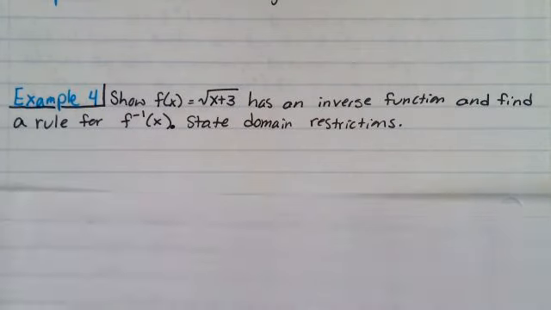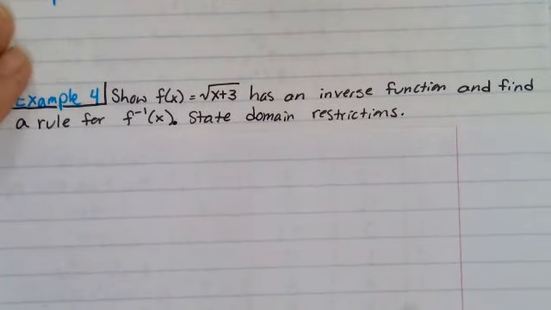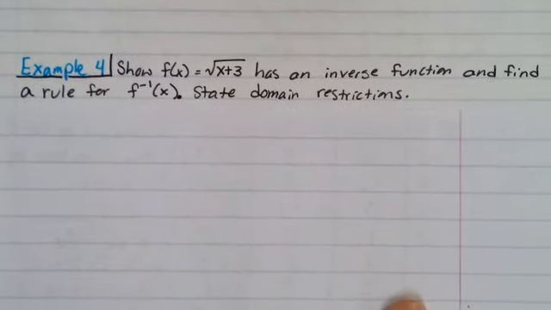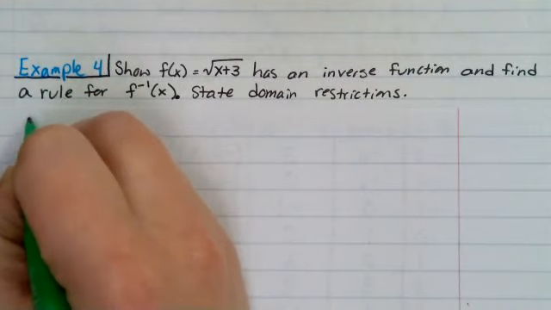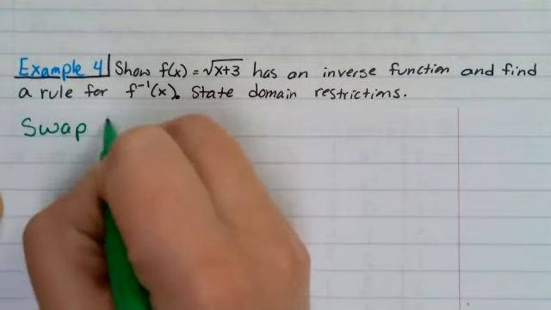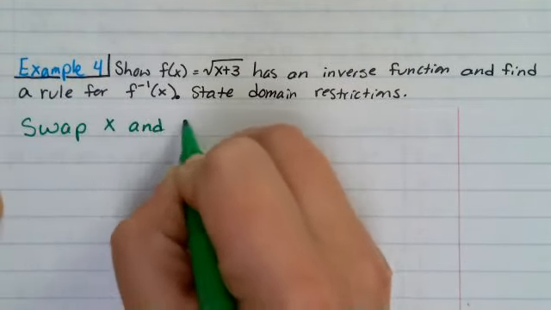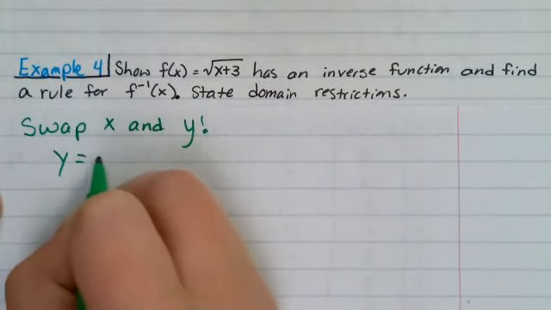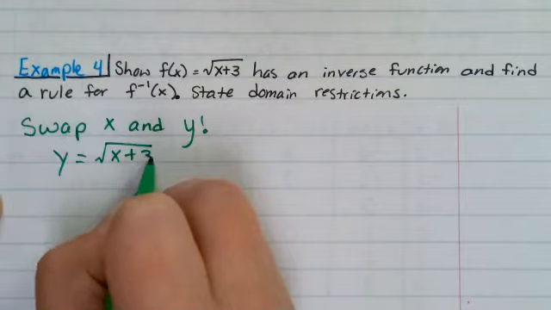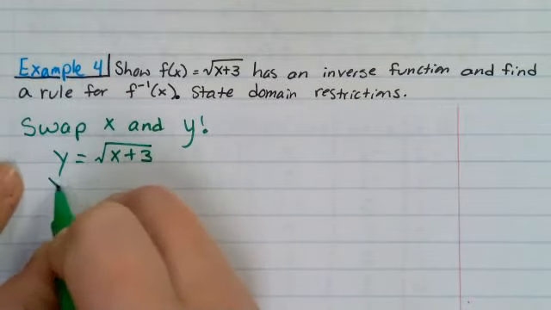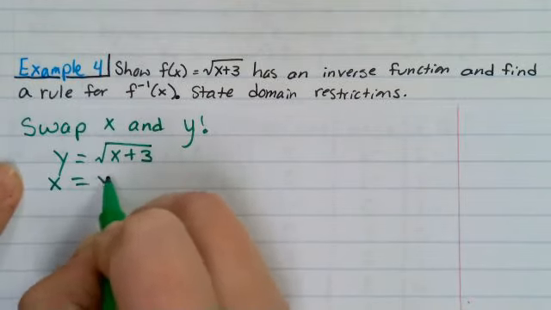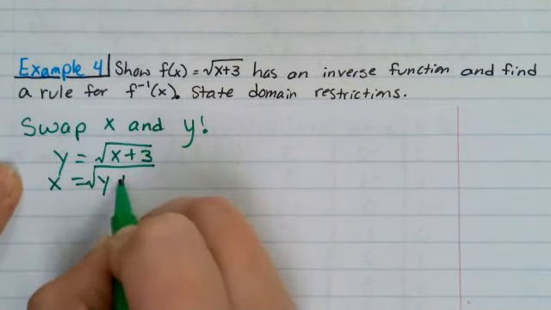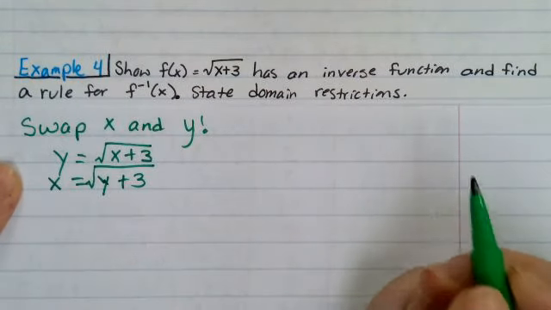Okay? So remember that your first step when you're finding the inverse is to swap your x and y. So make that little note to yourself: swap x and y. If I originally have y equals the square root of x plus 3, we're swapping x and y, so it's x equals the square root of y plus 3, just like that.